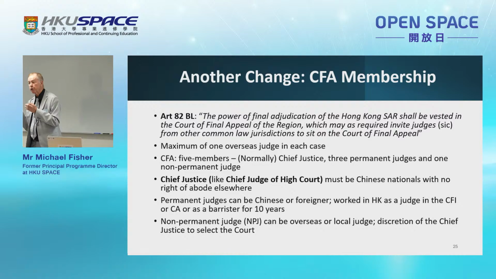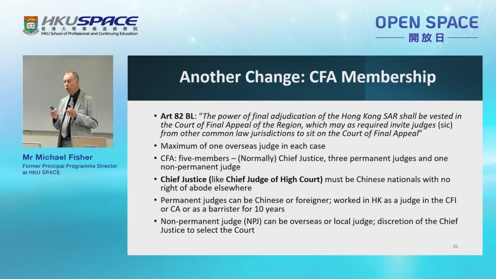So to get that experience of final appeal courts, the Court of Final Appeal can, it doesn't have to, but it can ask an Australian judge or a British judge to sit as one of its 5 members.